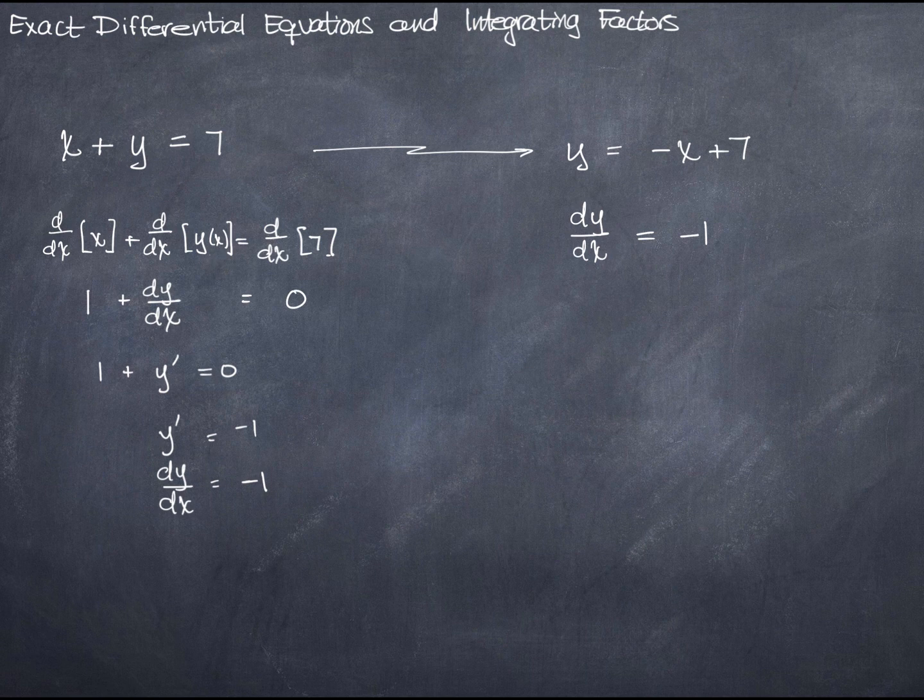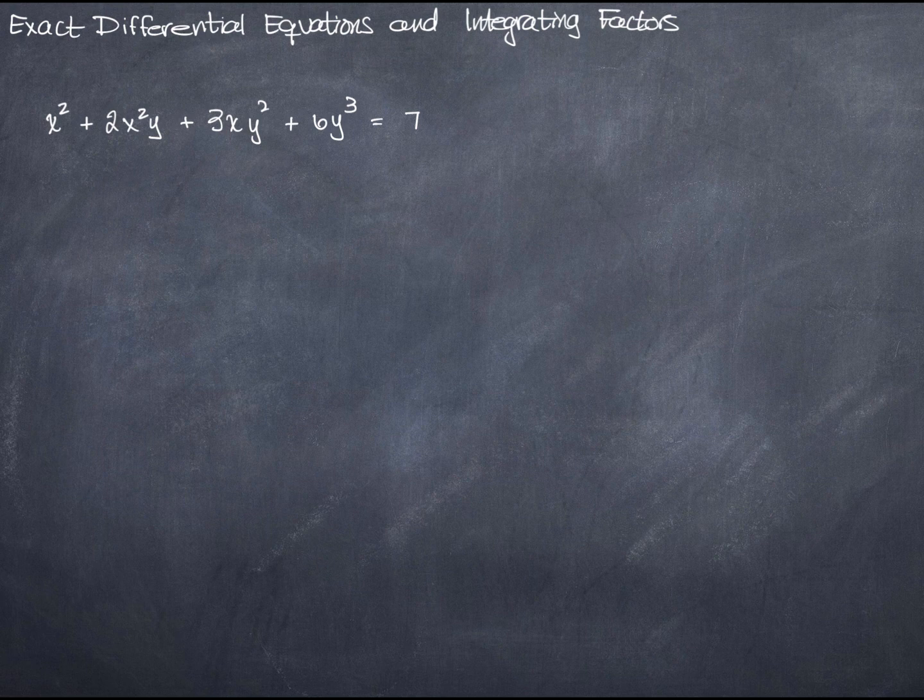So let me do another example that's a little bit more involved, just as a quick review. Okay, this is an expression or an equation that we can't solve explicitly for y. So if I want to take the derivative of this thing with respect to x, I'll need to take the derivative with respect to x of each term, the derivative with respect to x of, I'll put these in parentheses, this next term, and so on.